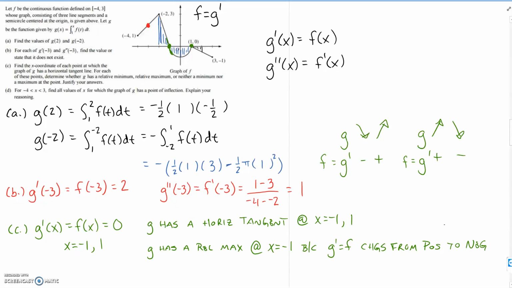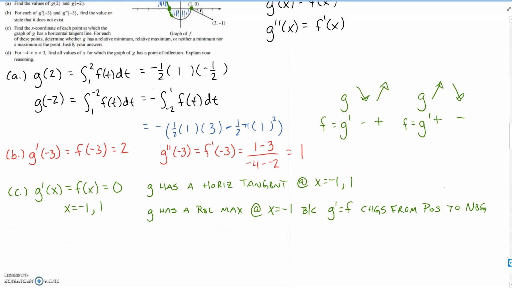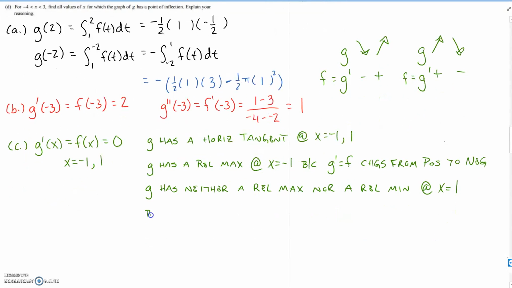The values are negative to the left of x equals 1 and negative to the right of x equals 1. So then g has neither a relative max nor a relative min at x equals 1 because g prime, which is f, does not change signs.